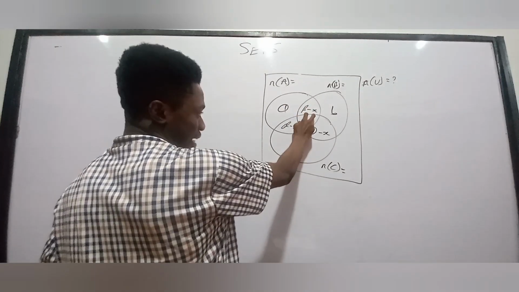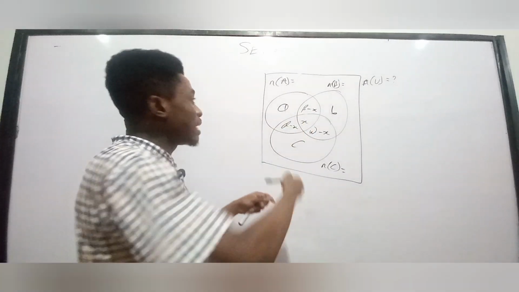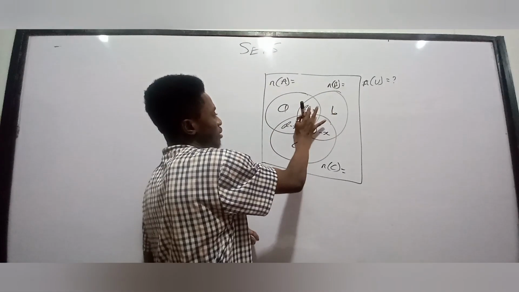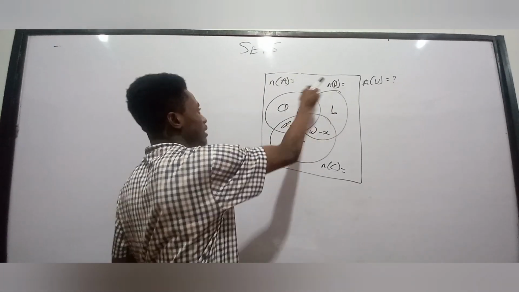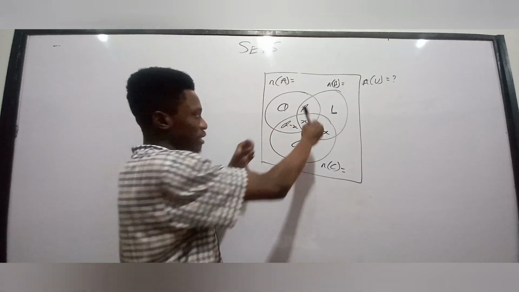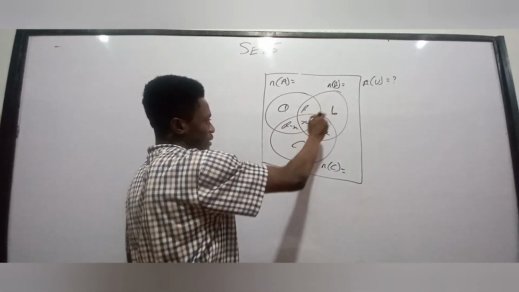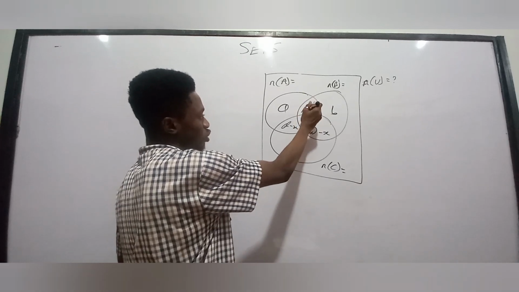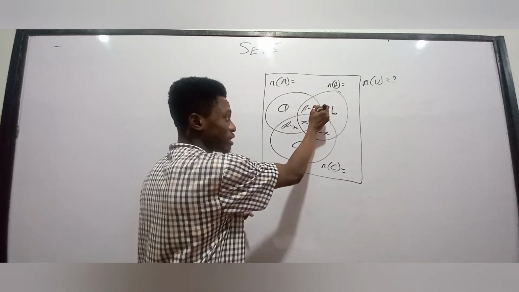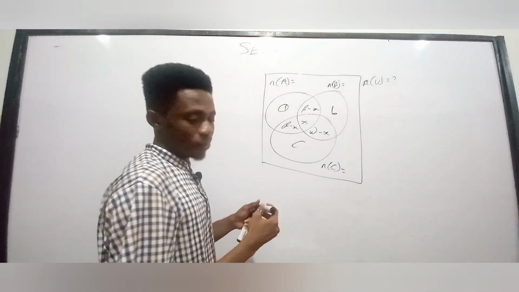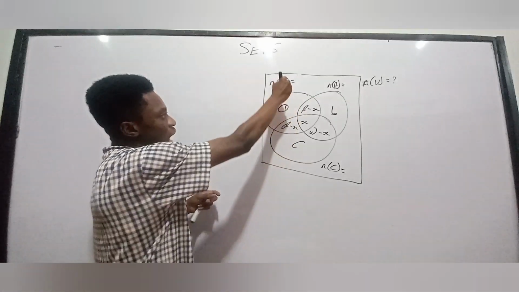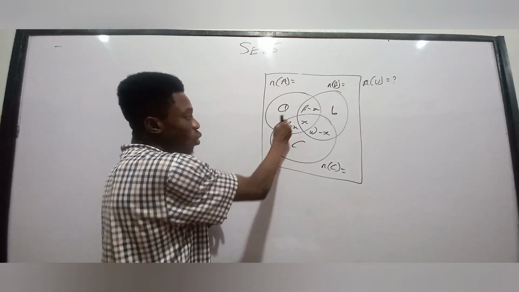This side is Brazilians and Americans, where they meet. So the whole of this side is Brazilians and Americans only. That's why I subtracted the x. And this side too is Americans and Canadians only.